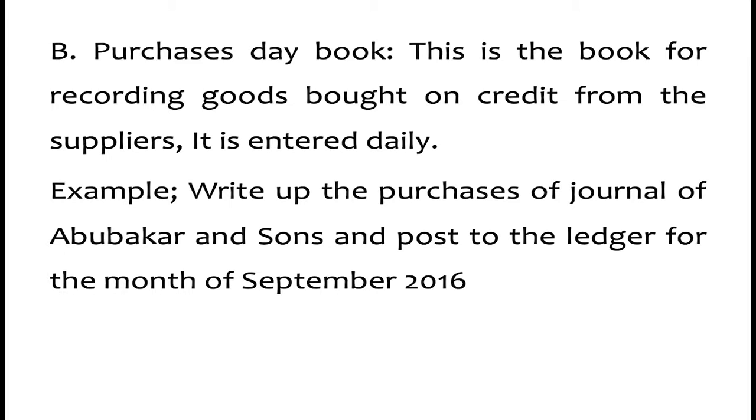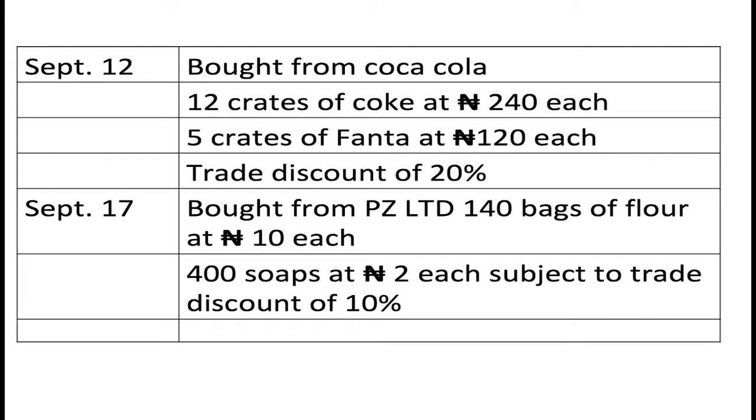Now let's take an example. Write up the purchases daybook of Abubakar and Sons and post to the ledger for the month of September 2016. September 12th, Abubakar bought from Coca-Cola 12 crates of Coke at 240 naira each, 5 crates of Fanta at 120 each.